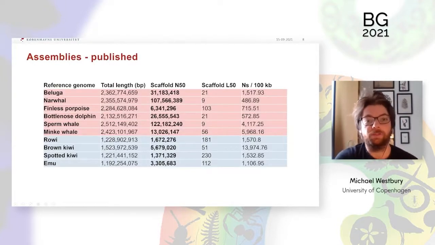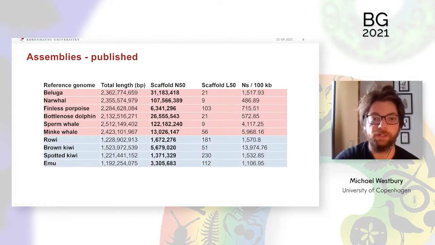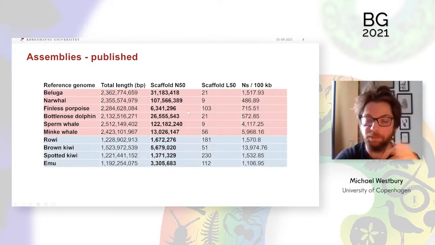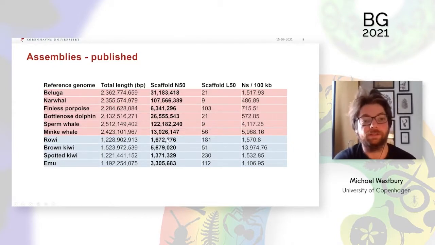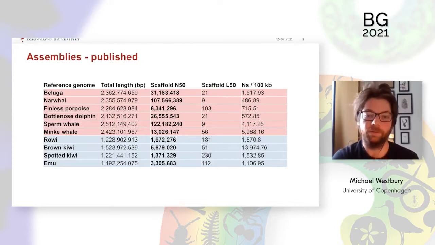So the published assemblies were all relatively high quality, ranging from, for the cetacean species, about 6 MB all the way up to chromosome level 122 MB N50s. The kiwi and emu were not quite as high quality, but still relatively high quality, at least 1 MB up to around 5.7 MB.